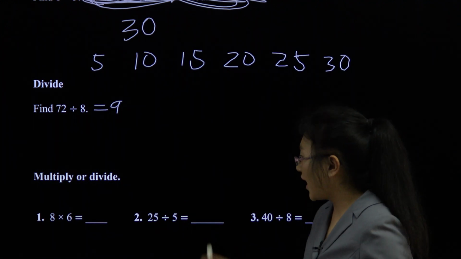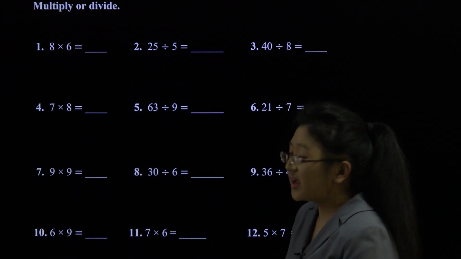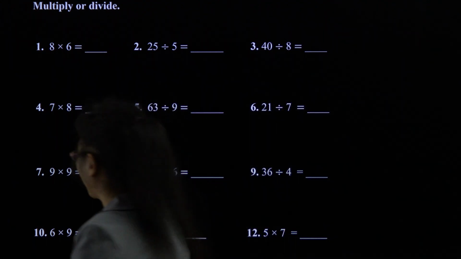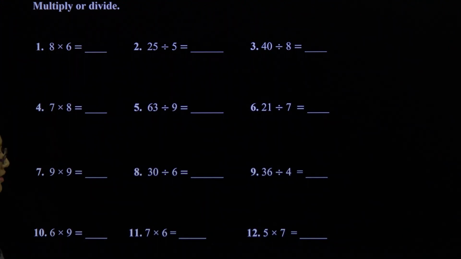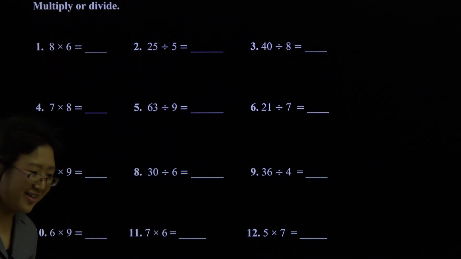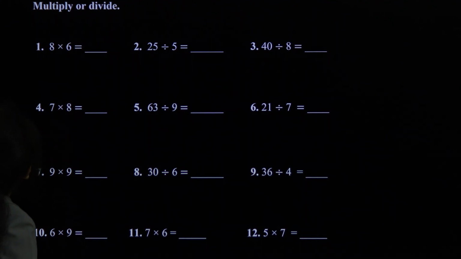Now, multiply or divide. 8 times 6, you pull out that multiplication table from either your mind or if you haven't remembered it yet, somewhere else. I don't know, your desk, under your desk, a drawer, bookshelf, anyhow.